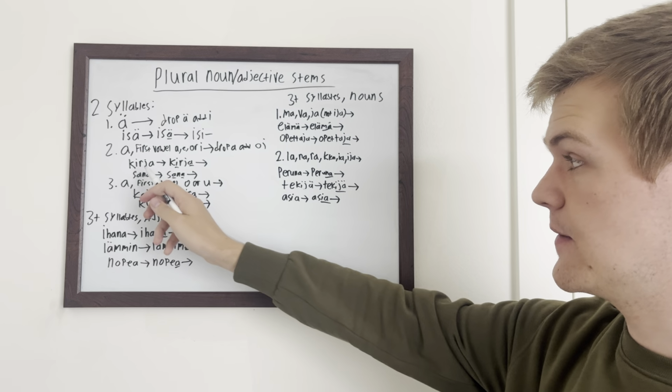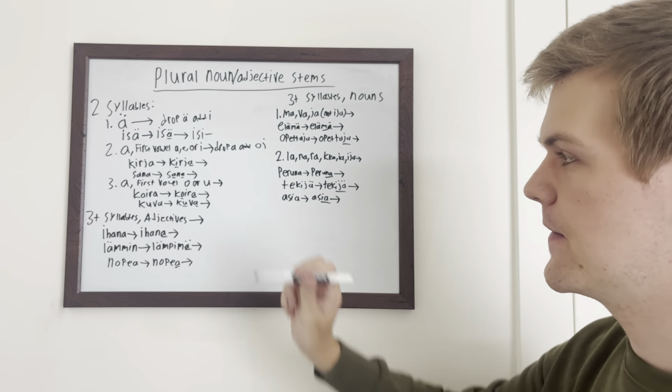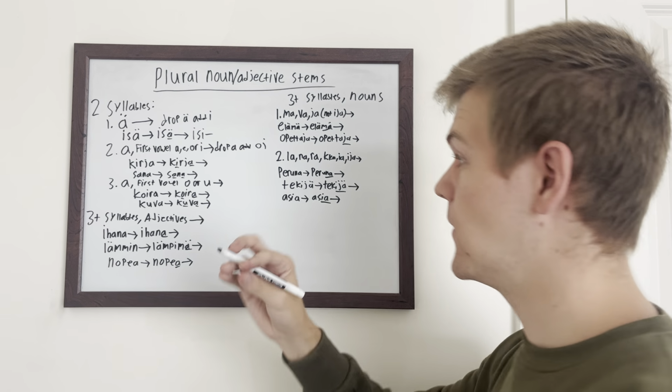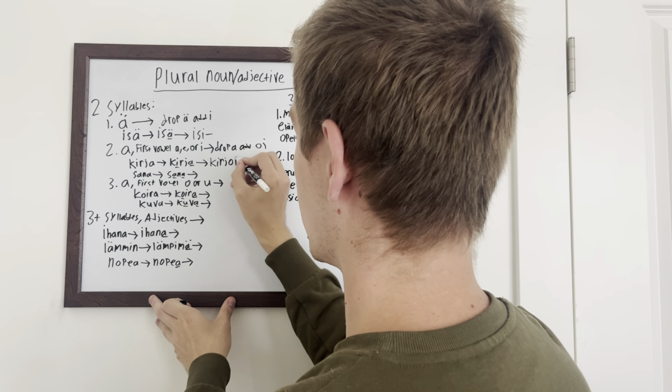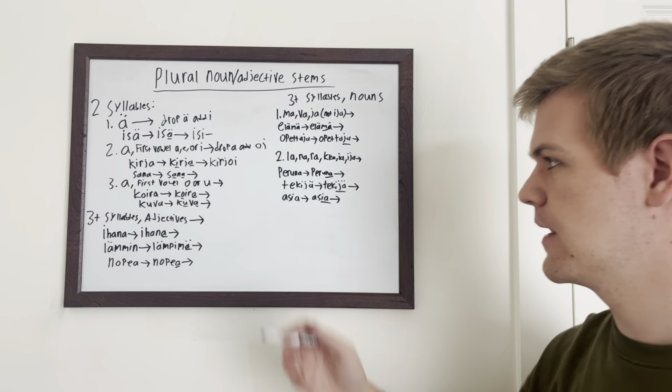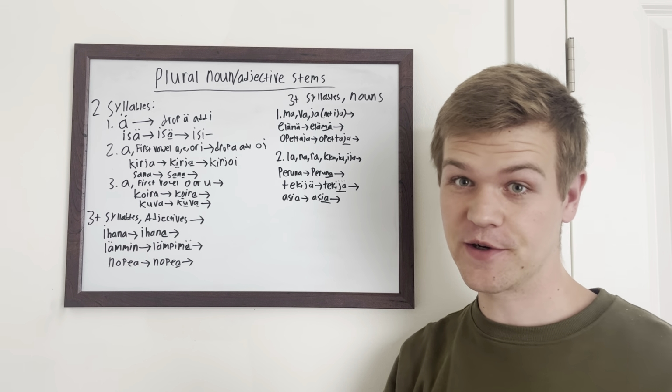So kirja, the stem is kirja. We see that its first vowel is I. So we can just get rid of the a and add OI. So like kirjoi. So that would be books, our books plural stem.